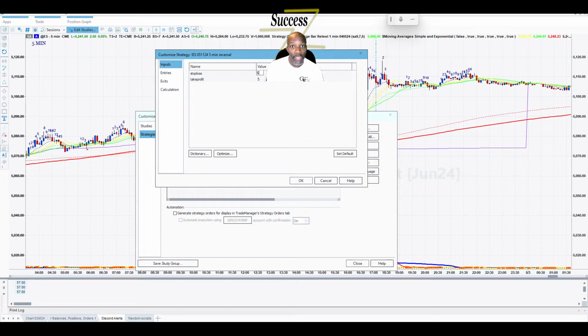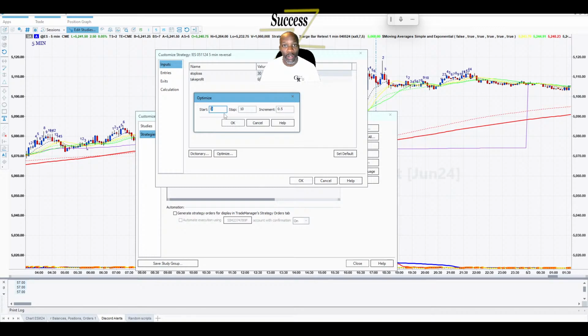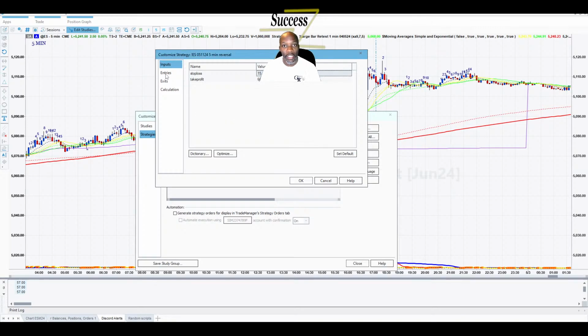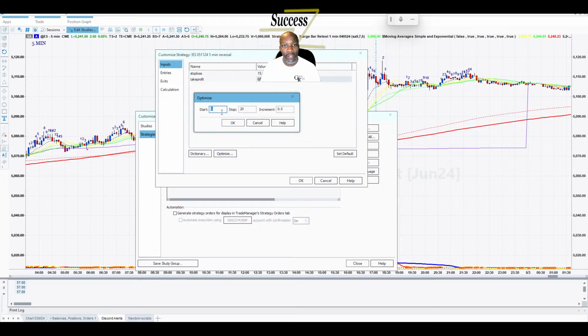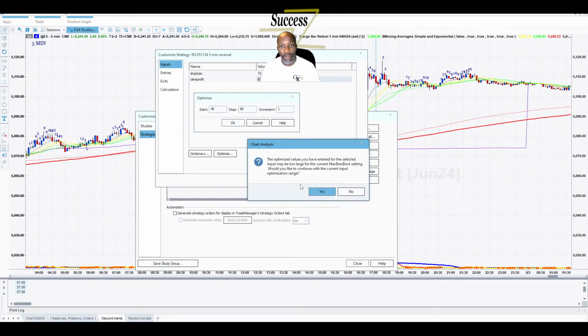So we'll call that 30, we'll call this 60, and now we need to optimize it. So we'll go from 15 to 50 by ones, and then here we'll go from like 30, 40 to 80, to see if we get a better curve.